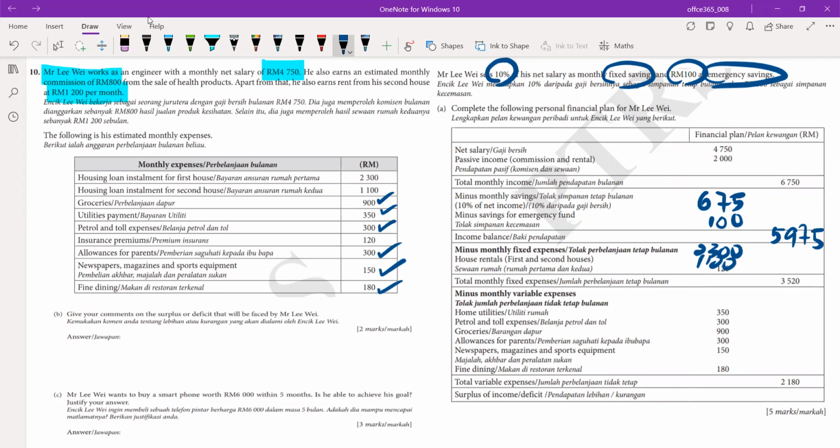Then only can you get this amount. So there are missing things you have to know. And then insurance, did they give you insurance? Got, this should be insurance. I think 120 is insurance. So they didn't label correctly. Okay, so double check everything.